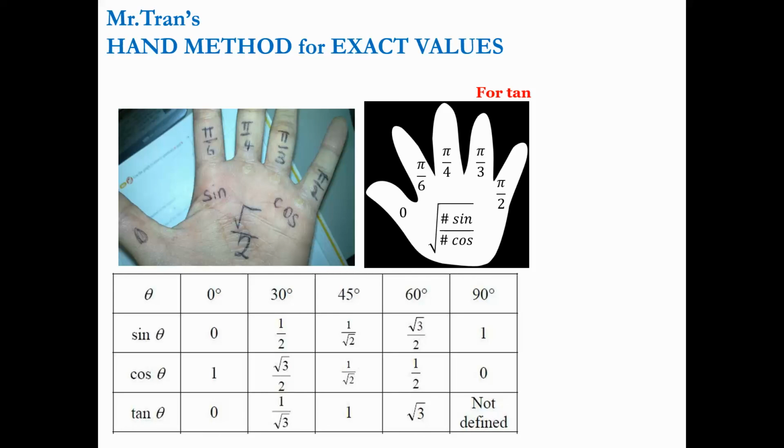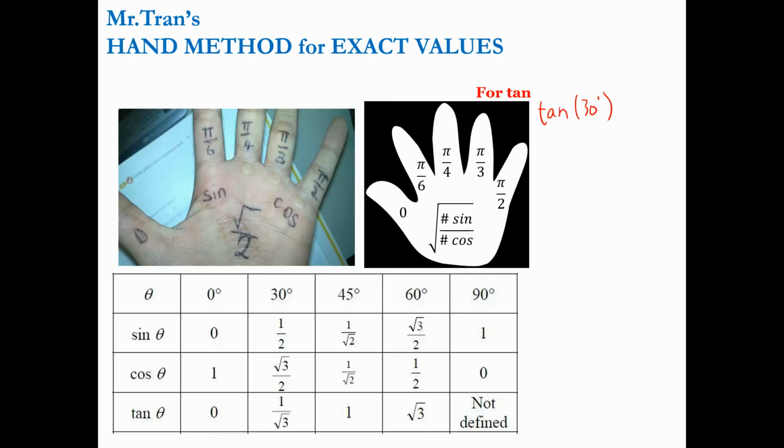So let's do an example. Let's say I want you to find tan of 30 degrees. Which finger is my 30 degrees again? Index finger. Drop down the index. According to this formula, number of sine fingers I have is 1. Number of cosine fingers is 3.